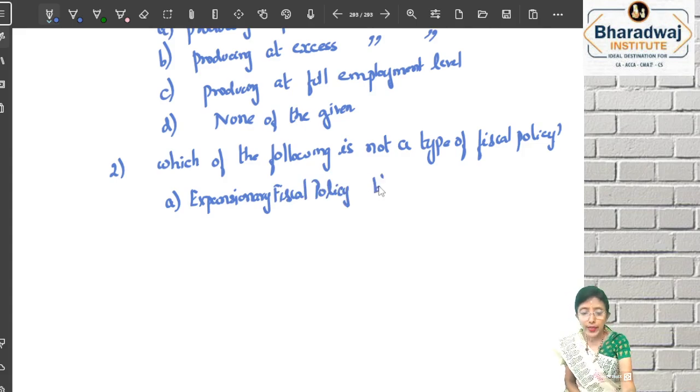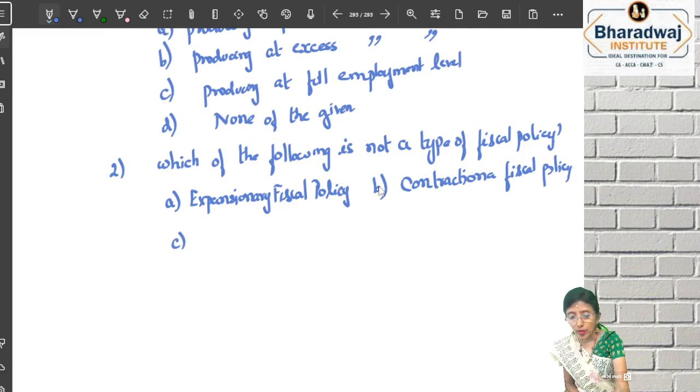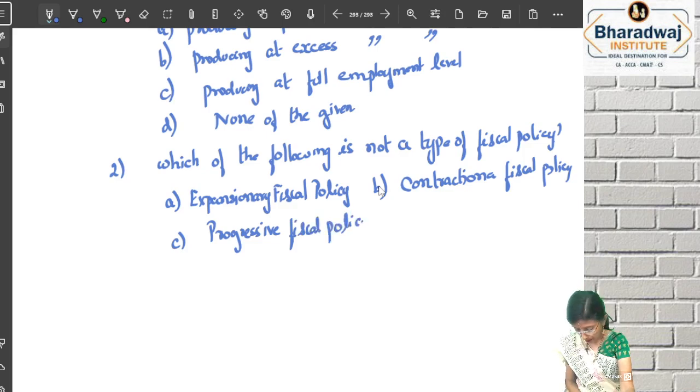B, contractionary fiscal policy. C, progressive tax policy, or progressive fiscal policy, not tax policy. And D is all of the above. Okay.